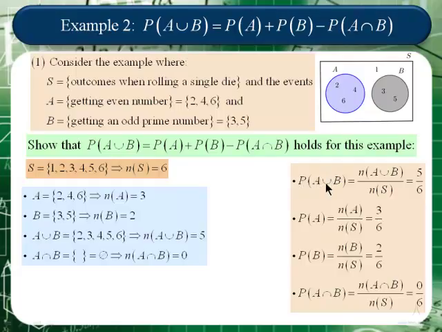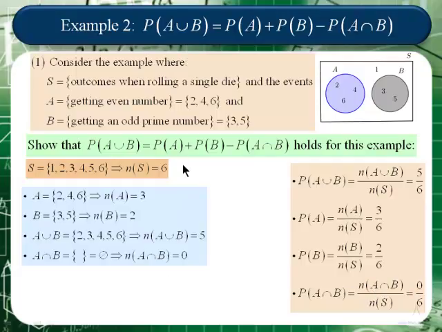The probability of the union of A and B is the cardinal number of the union, which is 5, divided by the cardinal number of S, which is 6. The probability of A, clearly 3 over 6. Probability of B, 2 over 6. And finally, the probability of the event A and B is equal to 0, because the cardinal number of the intersection of A and B is 0.